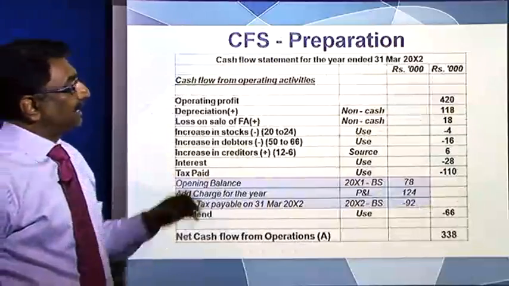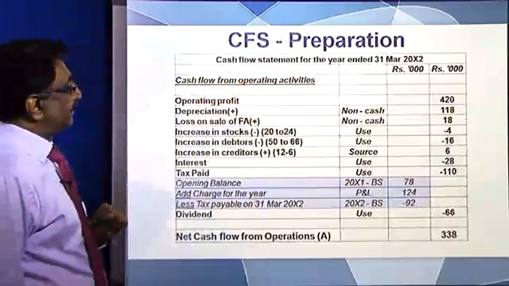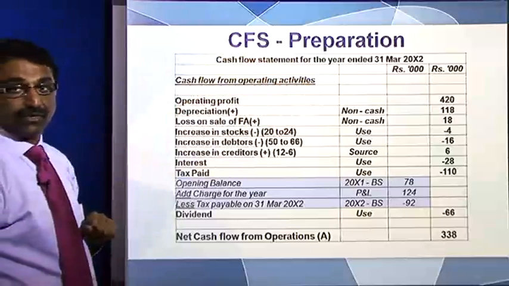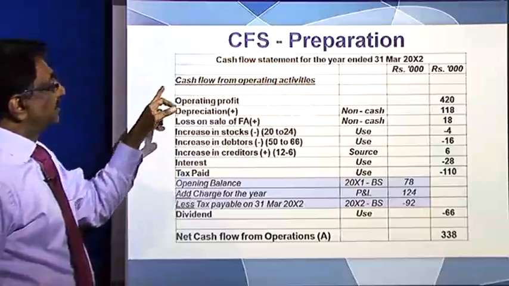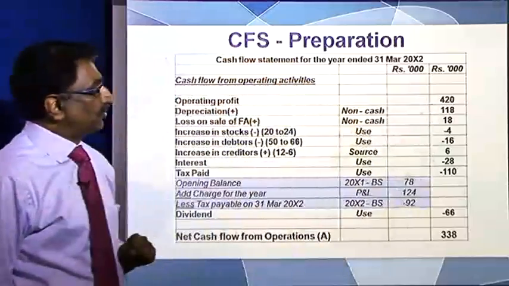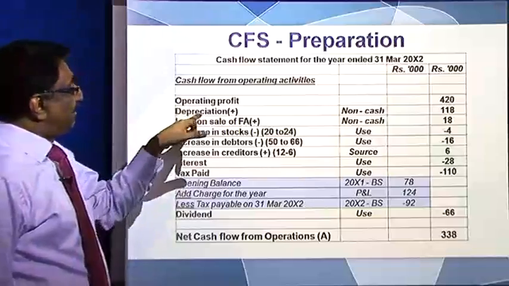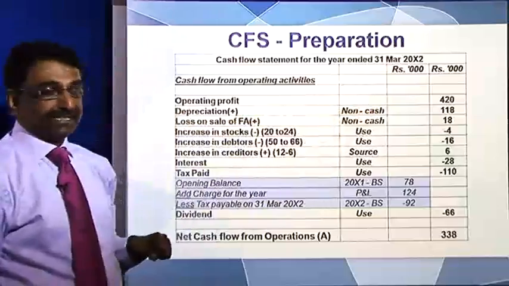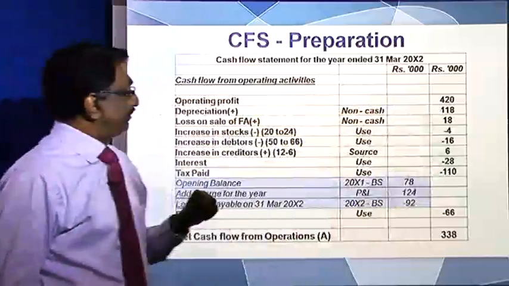Let's move on to actually creating the cash flow statement. As I said, the first part is to find out the cash flow from operating activities. So what is the operating profit? We started off with operating profit of 420. We add back depreciation. As I said, depreciation is a non-cash expense, therefore we add it back.